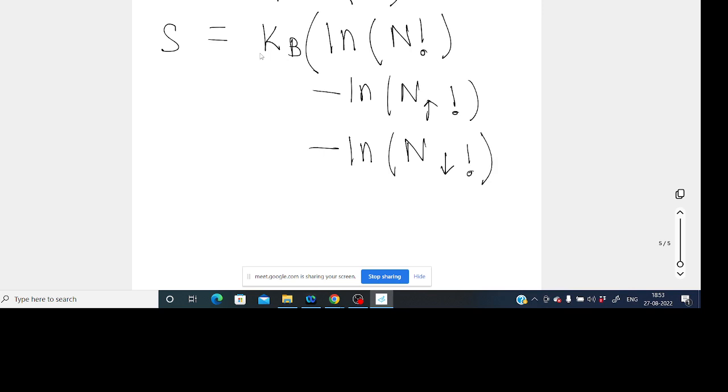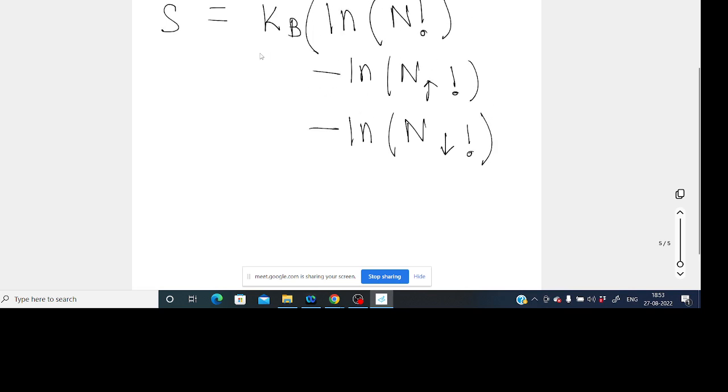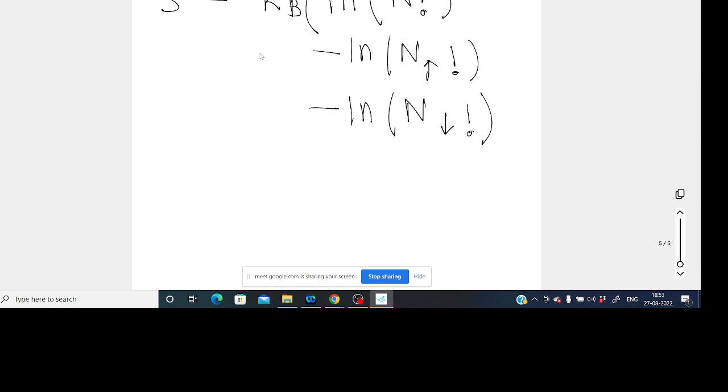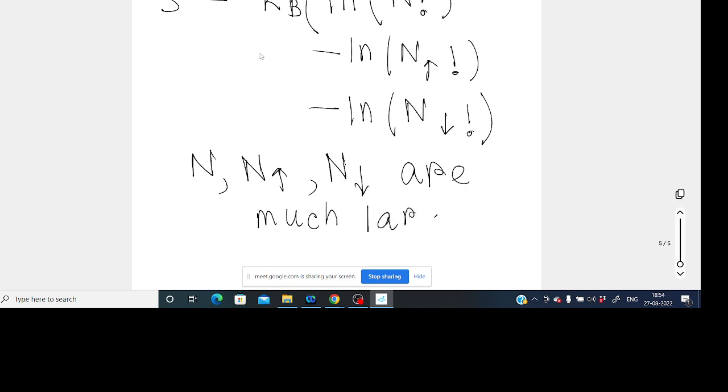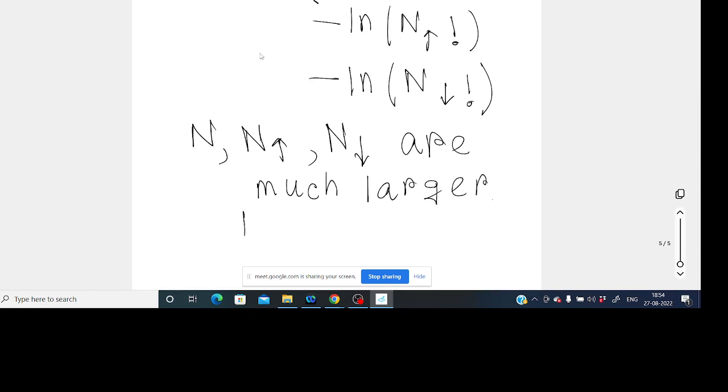Now here we'll assume that this n is very large. So this n up and n down are also large, much larger than 1.